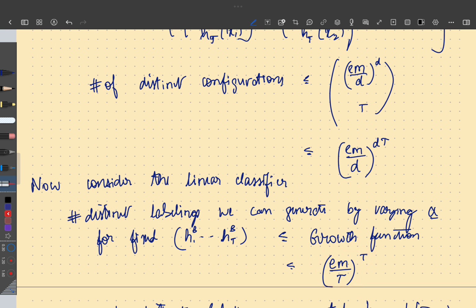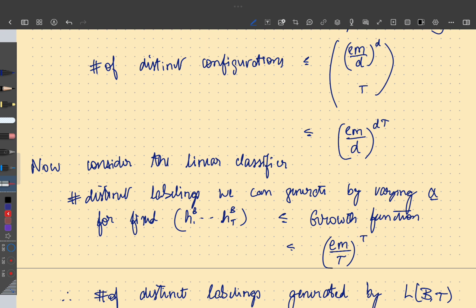In getting both, we made use of the growth function and the fact that we knew the VC dimension of each of these component classifiers. We know that the VC dimension of the base classifier is d, and the VC dimension of linear classifiers is equal to the ambient dimension, which in this case is t, right? And if the VC dimension is, let's say, t, then the growth function is at most em by t whole to the power t.